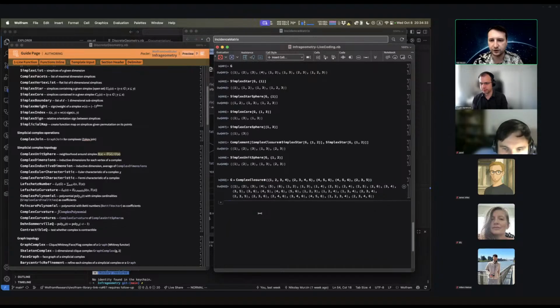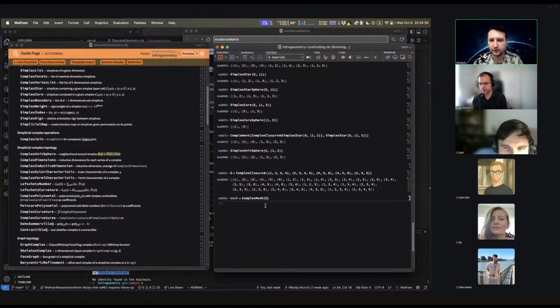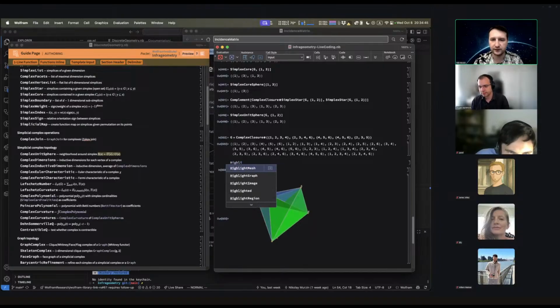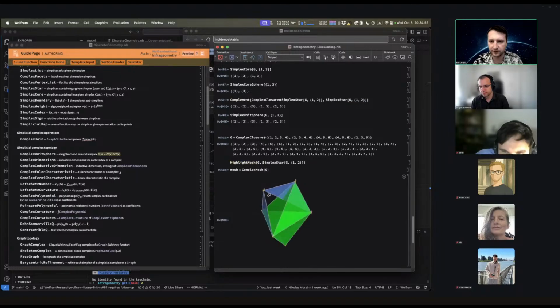So we have this G, turn it once into a mesh. I think I have a highlight mesh convenience. Let's see if it works. For example, let's highlight the star of that H2 or 26 or something.